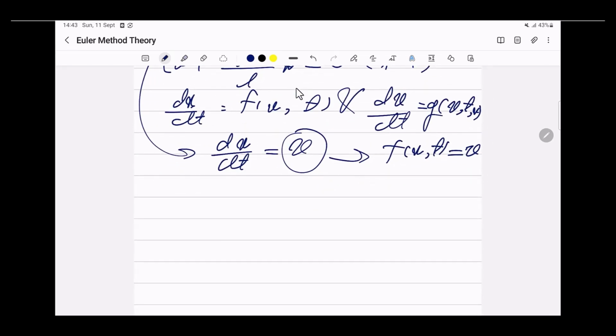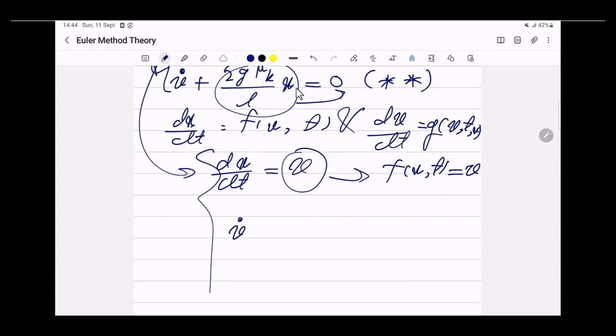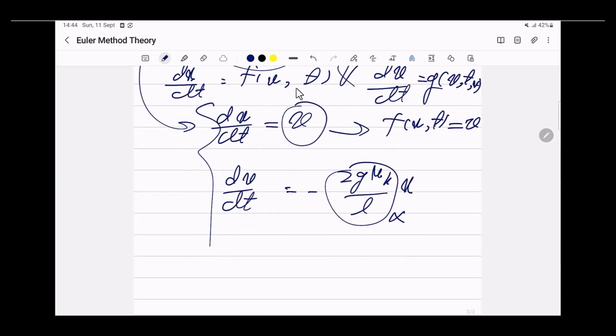And for the second one, we have v dot, or let me write it in the Leibniz notation, dv/dt is equal to minus 2g mu k over L, x. Now let's call this alpha for simplicity, so it would be equal to minus alpha x.